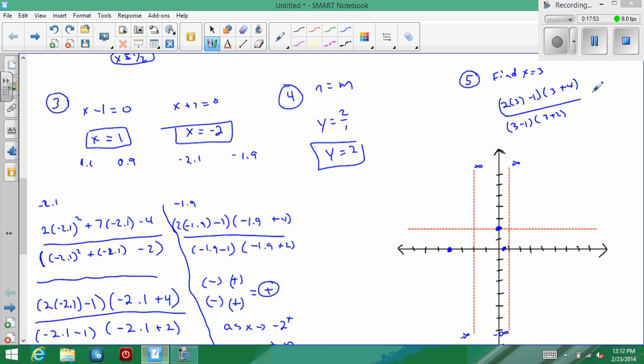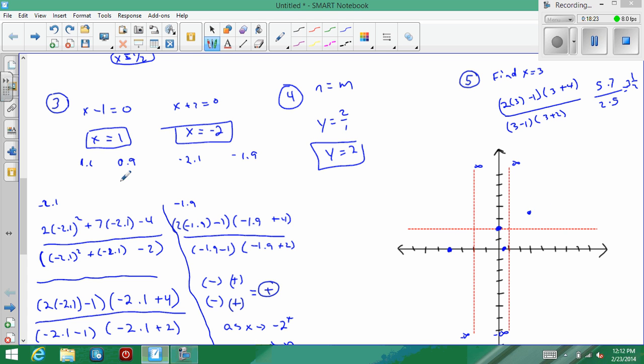Okay, that's 6 minus 1 is 5 times 7 over 3 minus 1 is 2 times 5. So 35 over 10, which is 3 and 1/2. So if I go over to 3, 1, 2, 3, I'm up at 3.5, which is about right there.